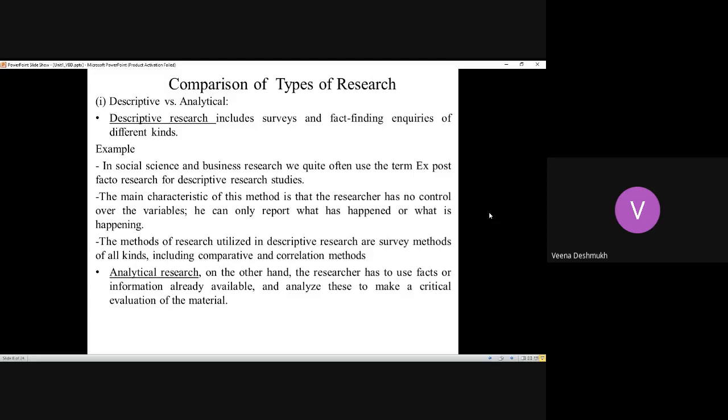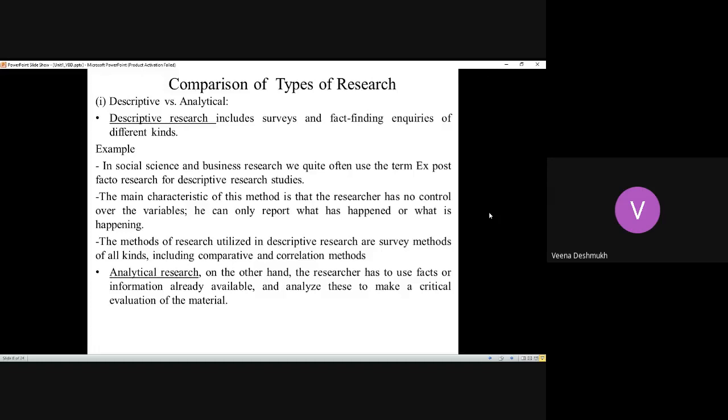So this kind of thing where fact finding or surveys are involved, basically surveying the population growth. I just report, okay, there is a growth of this percentage. I don't have any control on how to stop the growth or how to increase the growth. I'm just surveying and finding the facts, or even the simple temperatures.